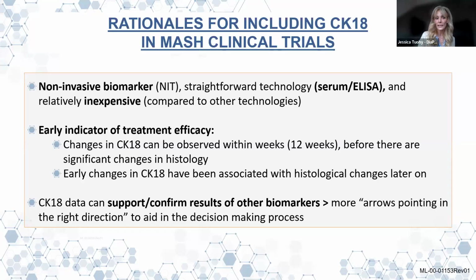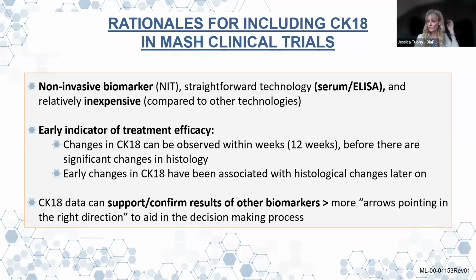CK18 is an early indicator of treatment efficacy. Changes can be seen within weeks, as early as 12 weeks, definitely before you may be able to see significant changes in liver histology. Also, early changes in CK18 have been associated with histological changes later on. So CK18 can support and confirm the results of other biomarkers.